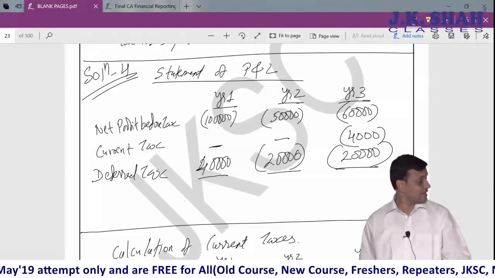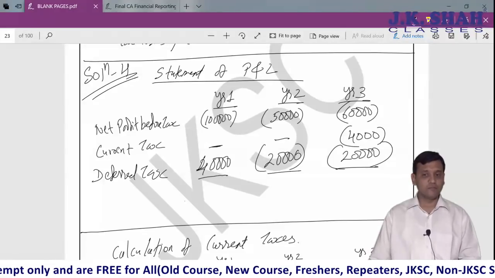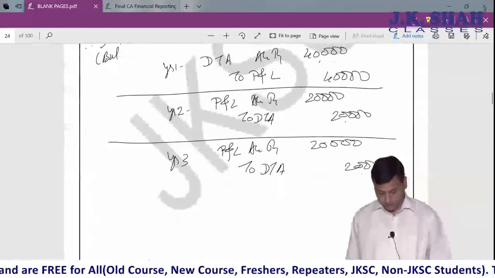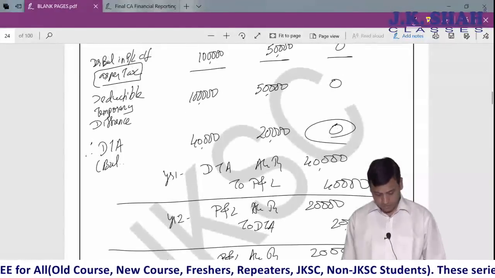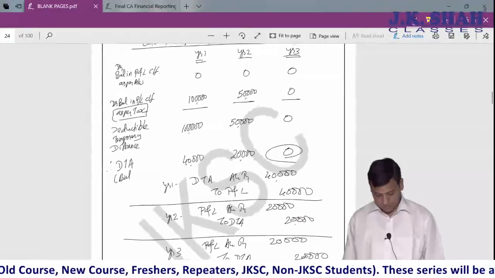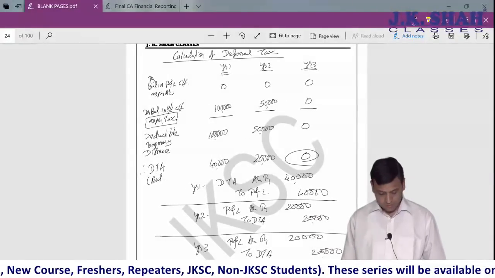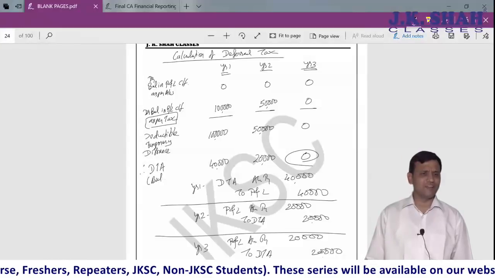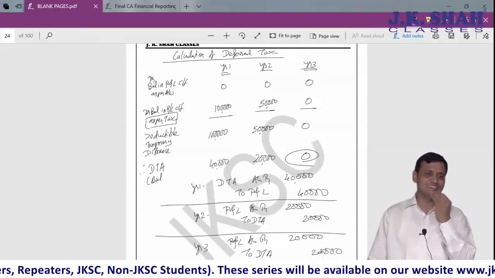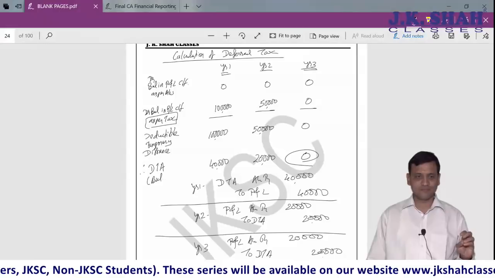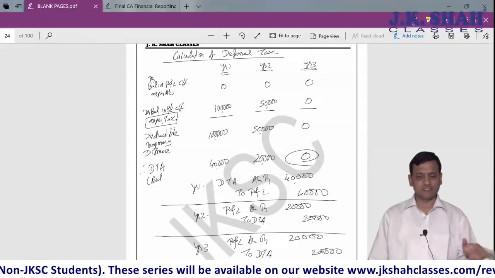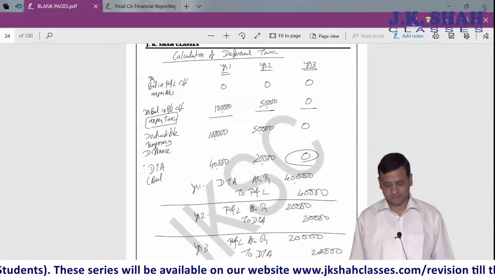This deferred tax balance, where have I brought it from? That working note that we did now. Here is the working note, look at this. See, I have just assumed that the profit and loss balance is a tax base. It is nothing but an asset. Fictitious. Let it be fictitious, but it's a tax base.